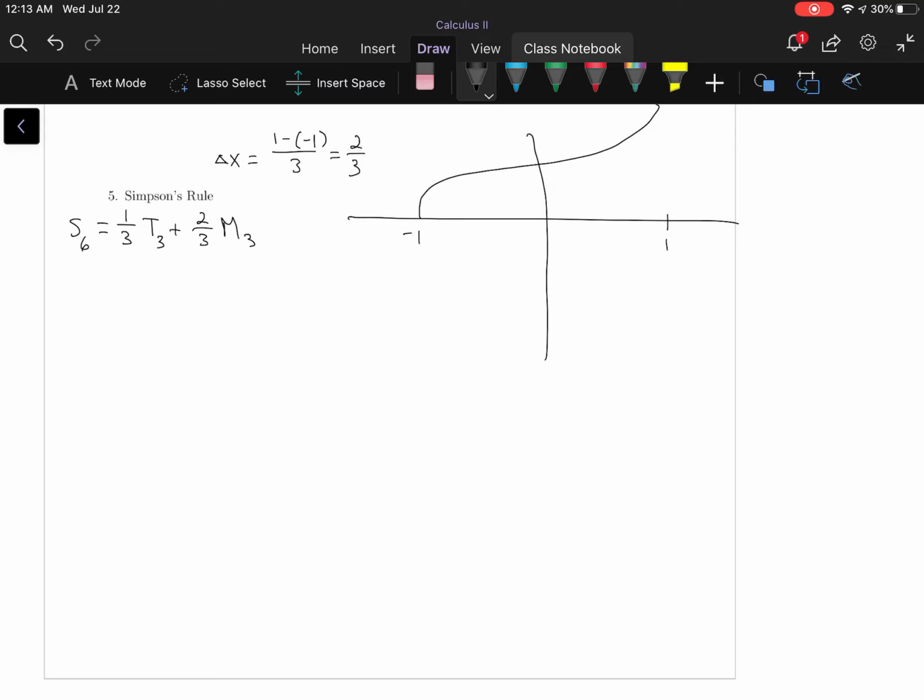So when you step to the right of -1 by 2/3, we get to -1/3. When you step to the right of -1/3 by 2/3, you get to +1/3. And when you step to the right of 1/3, a size of 2/3, you get to 1. So these account for 3 subintervals with a width of 2/3.